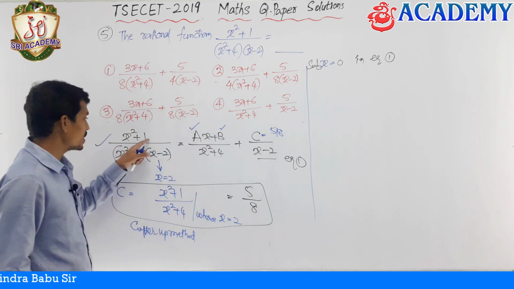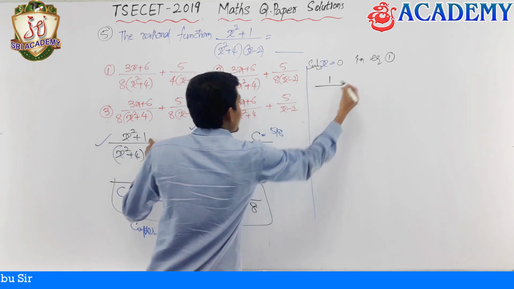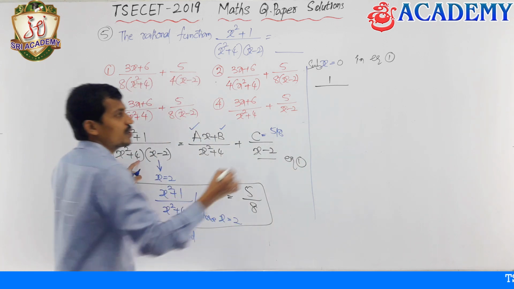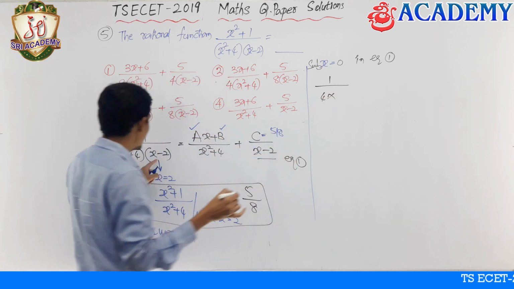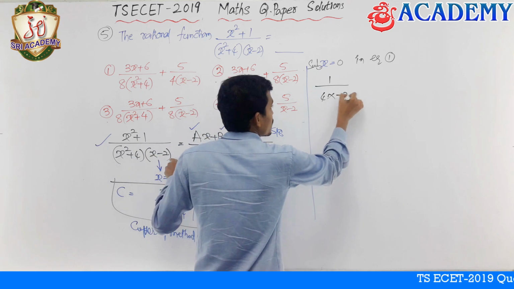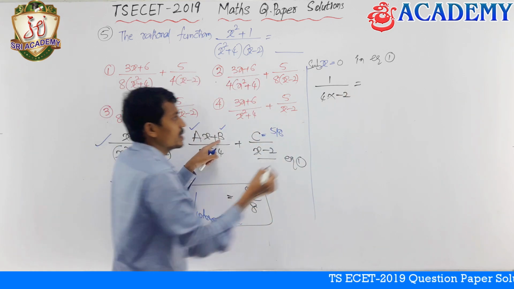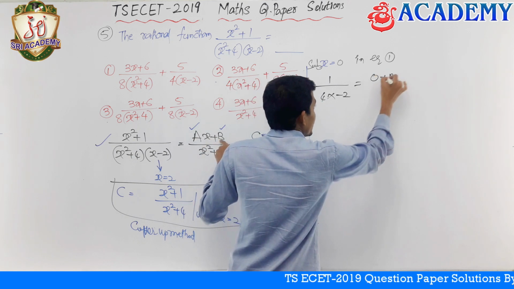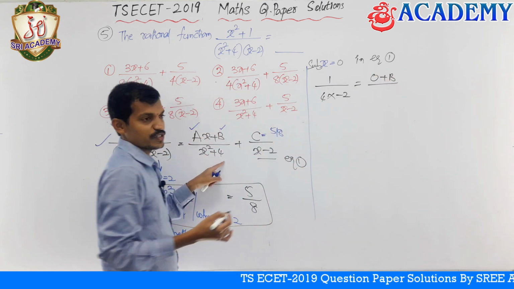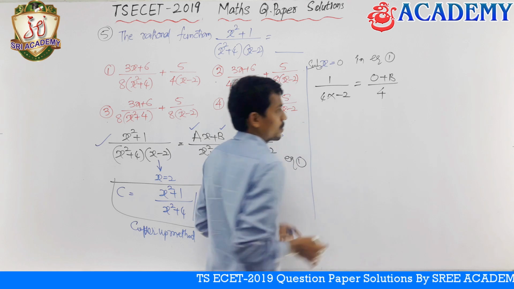That is 0 plus 1, that is 1, divided by (0 plus 4) into (0 minus 2), that is nothing but minus 2, equals (A into 0, that is 0, plus B) divided by (0 plus 4), that is nothing but 4.